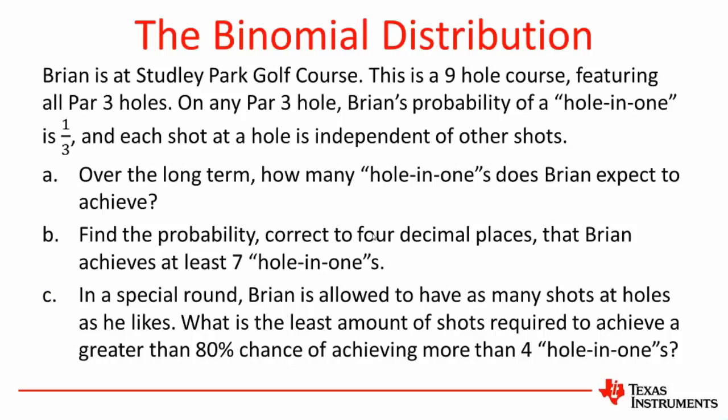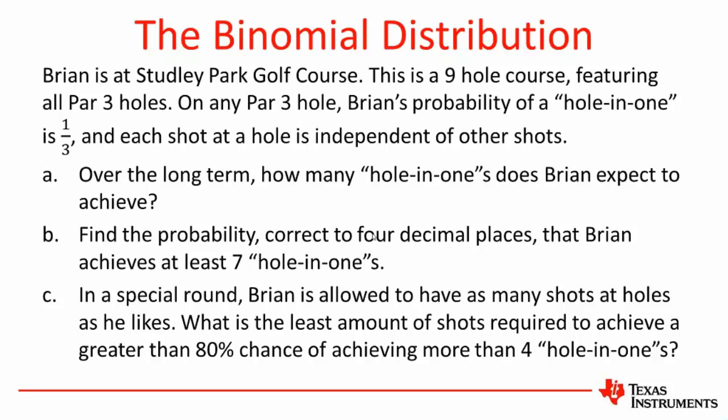So what we've got here is a 9-hole course, and it has the unique feature that all the holes are par 3, which is brilliant because when you're looking at the binomial distribution, you want an independent and equal probability of each trial.